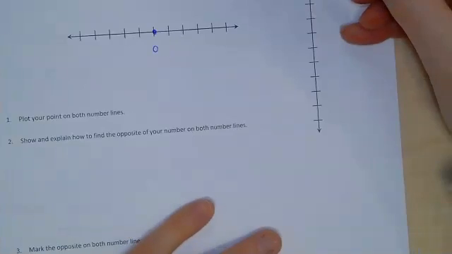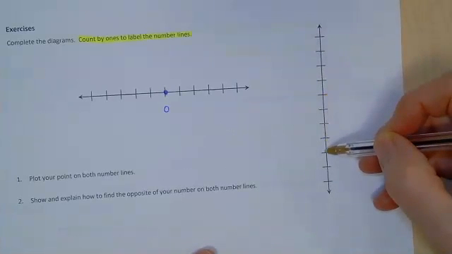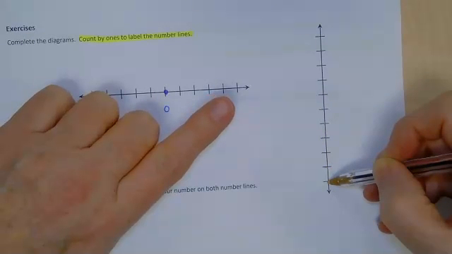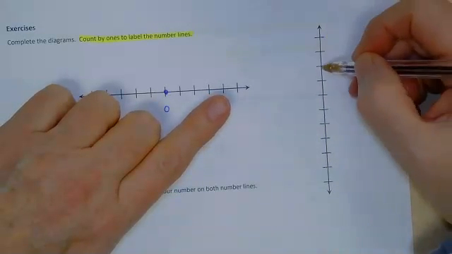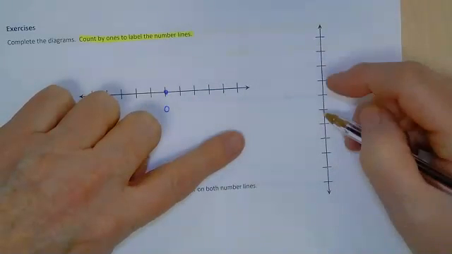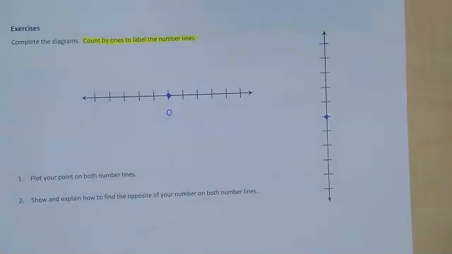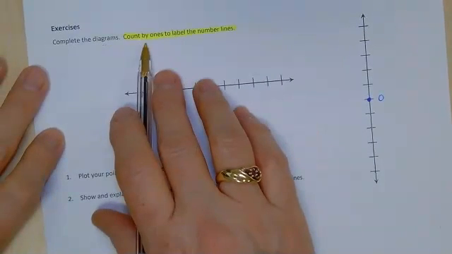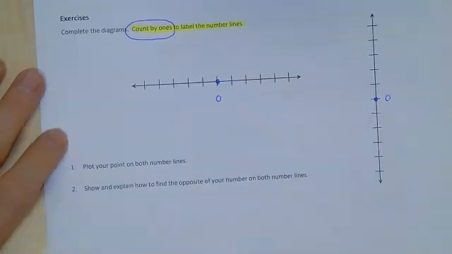So let's do the same thing here. 1, 2, 3, 4, 5, 6, 7, 8, 9, 10, 11. If I take one away to count for 0, then I have 10 left, which means 5 on each side. 1, 2, 3, 4, 5 on this side, which means that's the 0, and then 1, 2, 3, 4, 5 on that side. Okay? Go ahead and label this counting by ones.